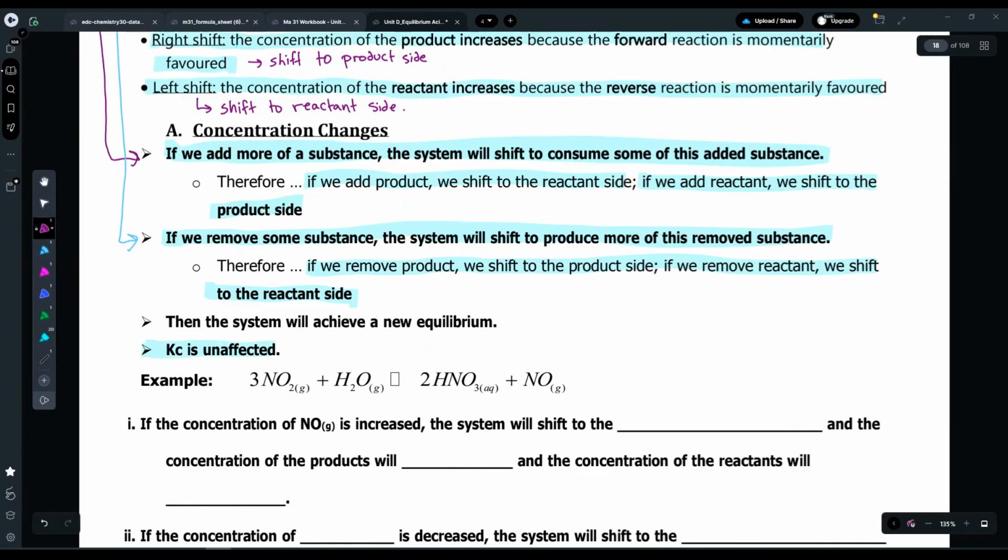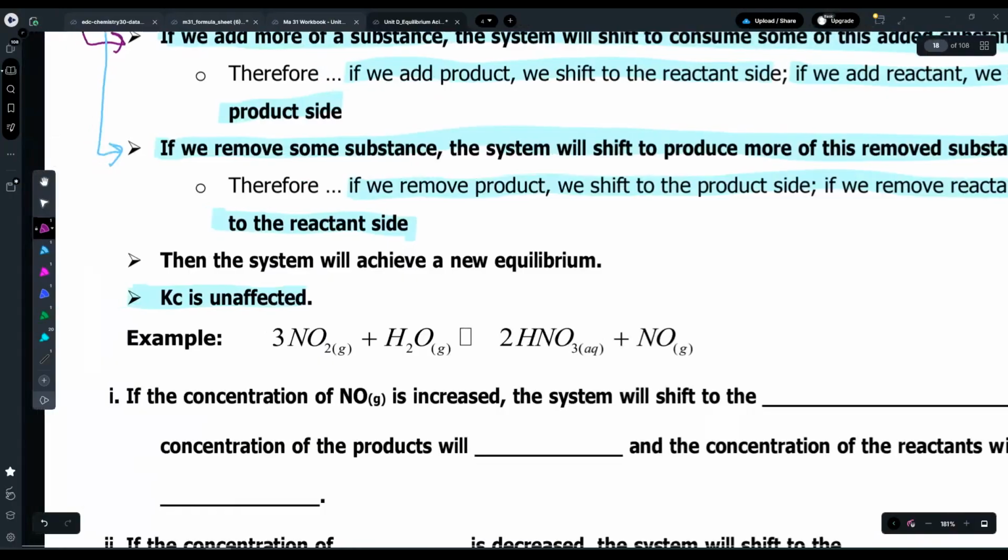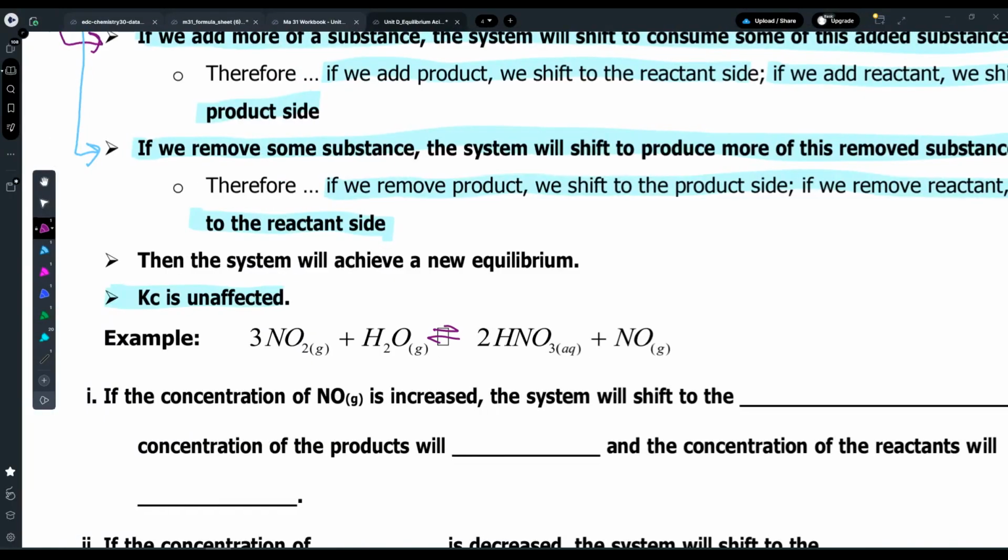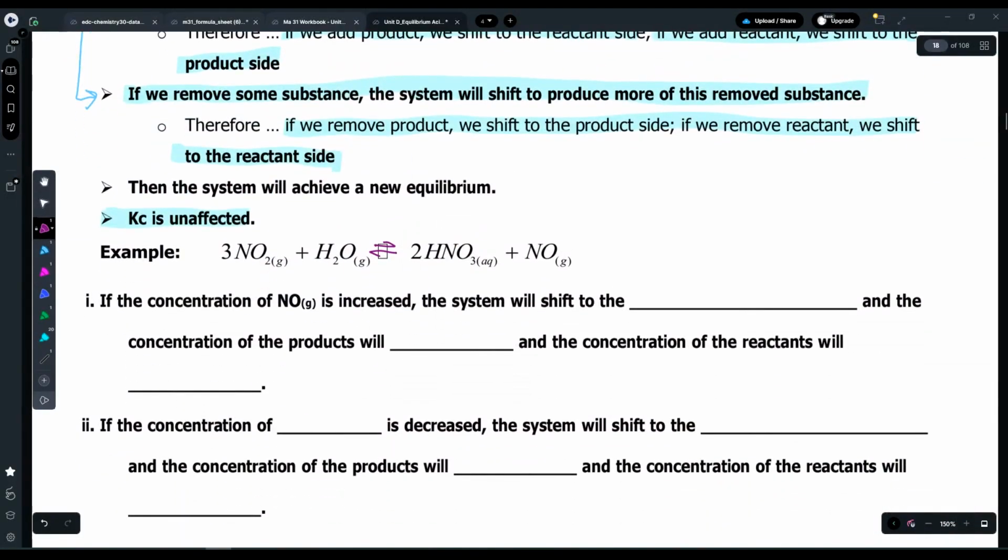So we've got an example here of an equilibrium. I'm going to write in my equilibrium arrows here, and we've got some statements to complete. If the concentration of nitrogen monoxide is increased, the system will shift to the blank. Let's find nitrogen monoxide. It's right here.